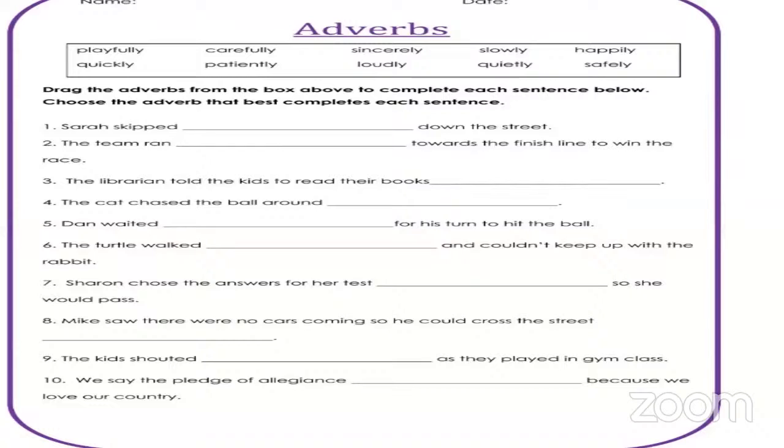The kids shouted blank as they played in gym class. Last one. The way the Pledge of Allegiance blank because we love our country. Right? Be patient and try to find the answers.